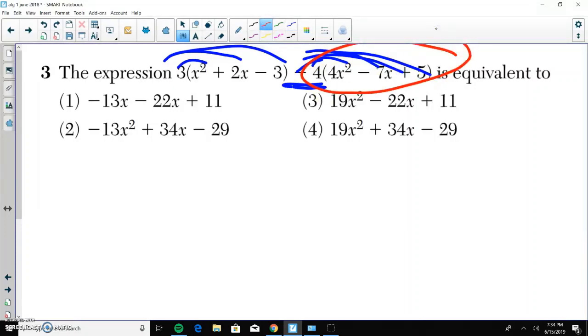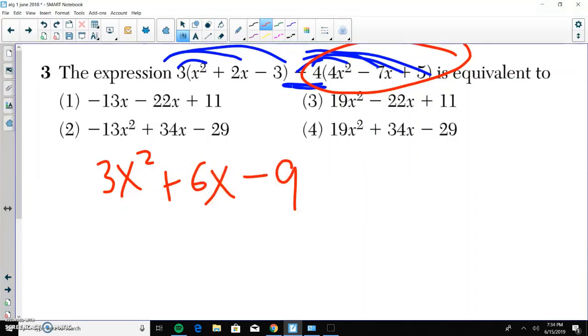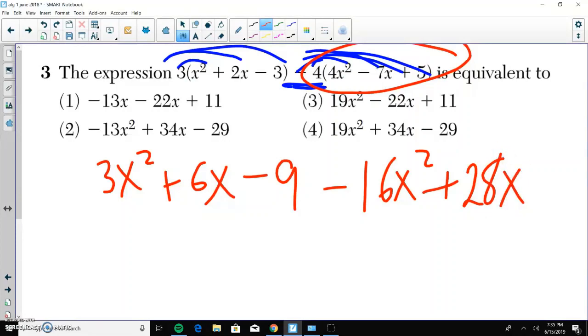Alright, let's do that. 3 times x squared is 3x squared. 3 times 2x is 6x. 3 times negative 3 is negative 9. Negative 4 times 4x squared is negative 16x squared. Negative 4 times negative 7x is positive 28x. And negative 4 times 5 is negative 20.